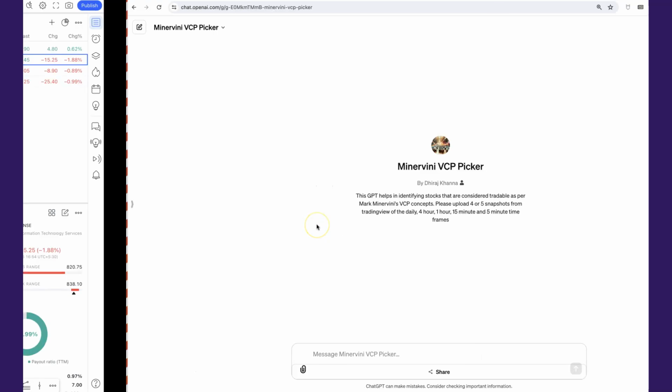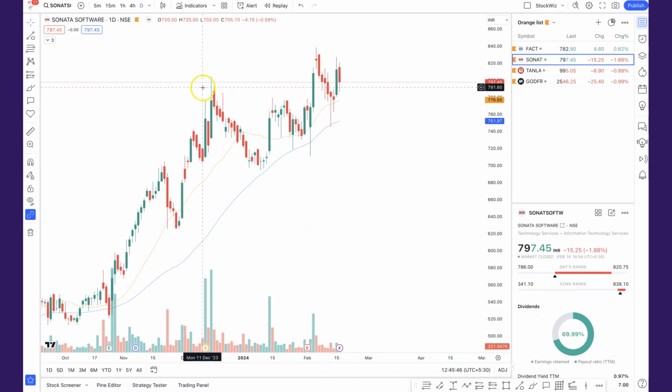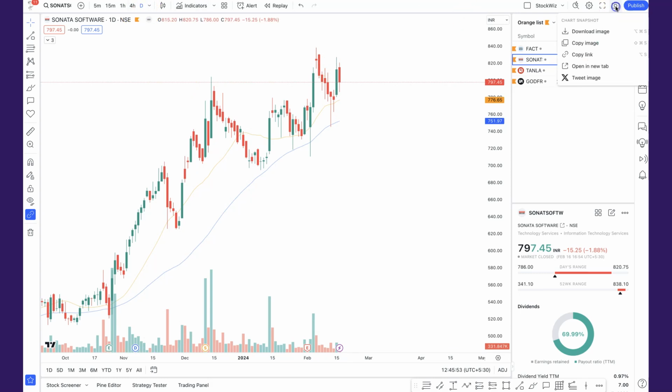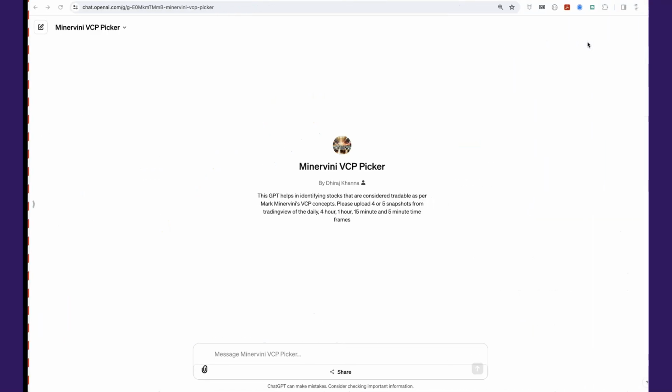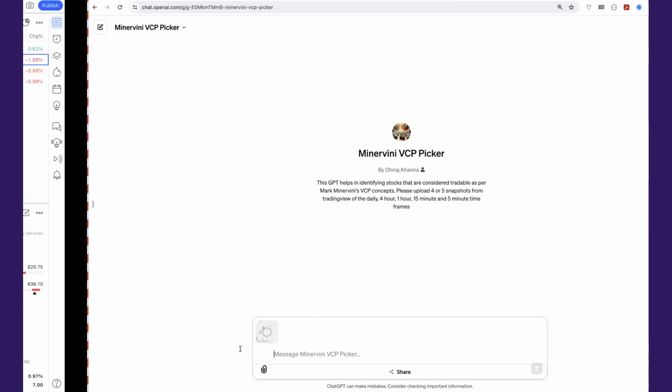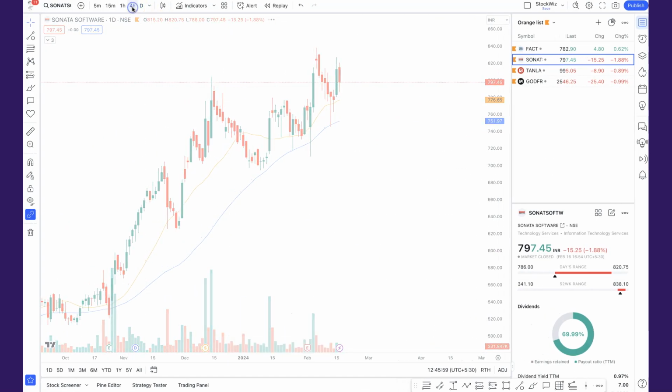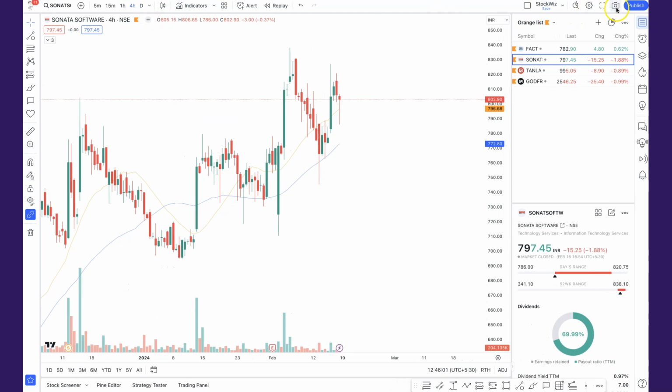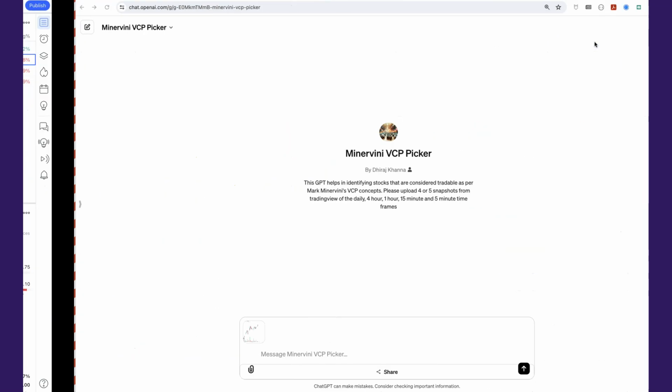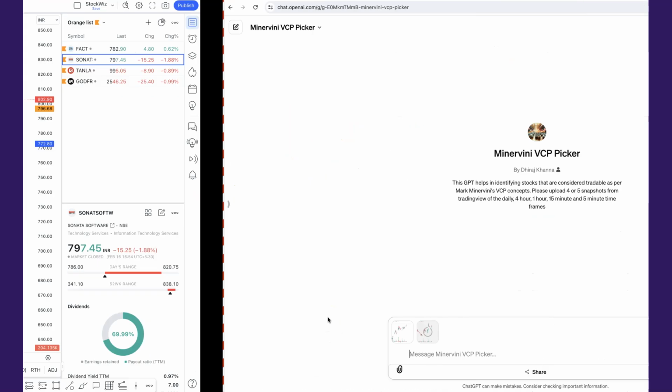So let's try this out. This is TradingView, and this is on the daily time frame. I just copy this image, go here, and paste it here. I take the 4-hour again, copy this image and paste it here.